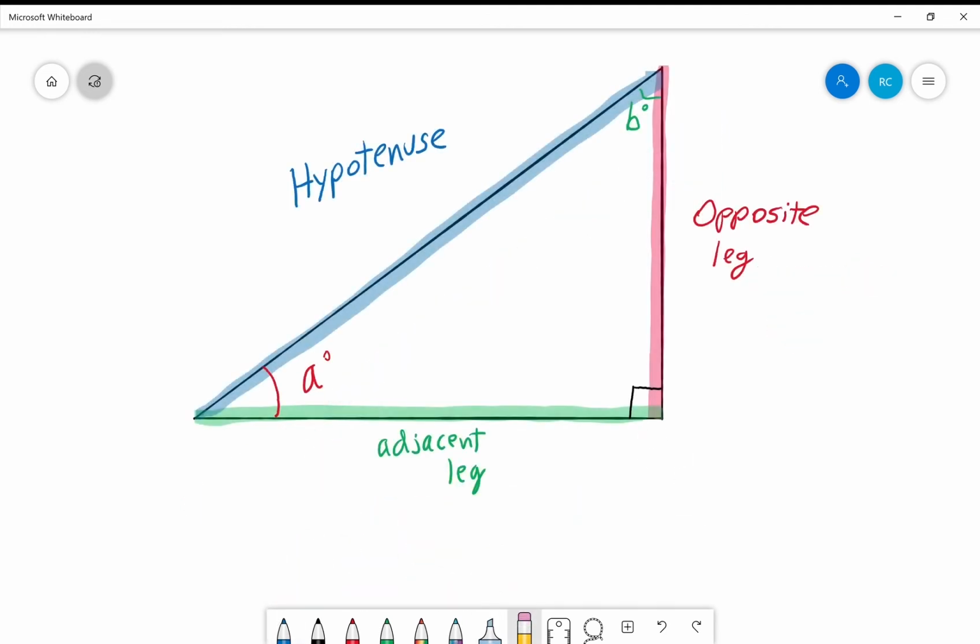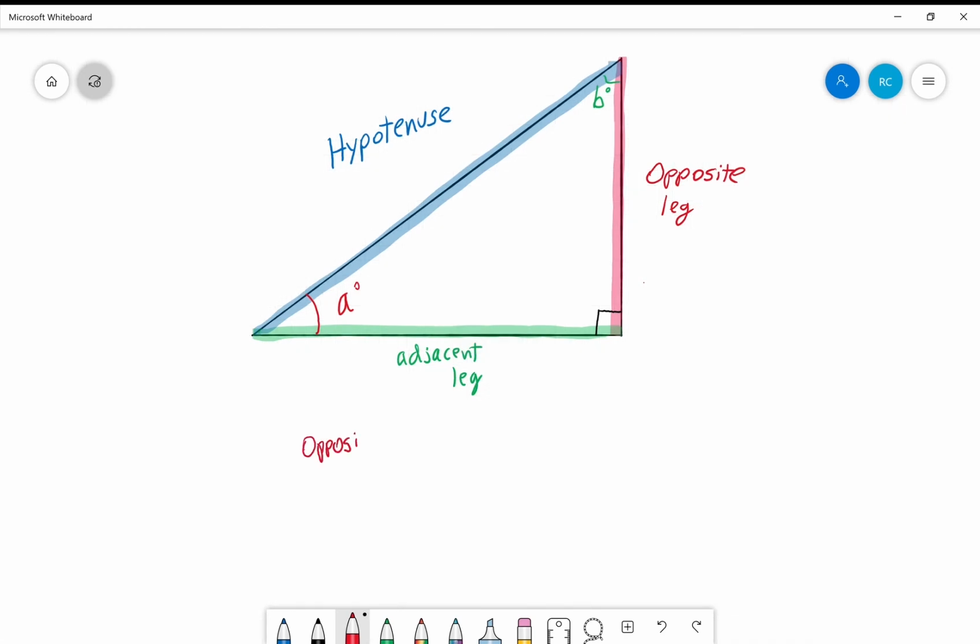Now again, because we're working with a generic right triangle, we don't know what any of these numbers are. But we do know that whatever it is, the opposite leg divided by the hypotenuse is always going to be the same.